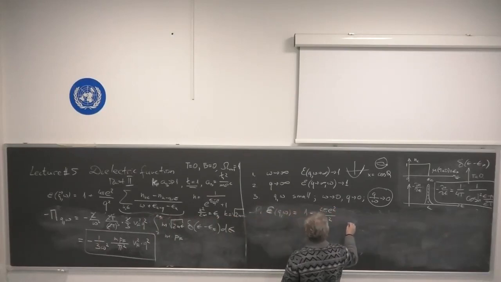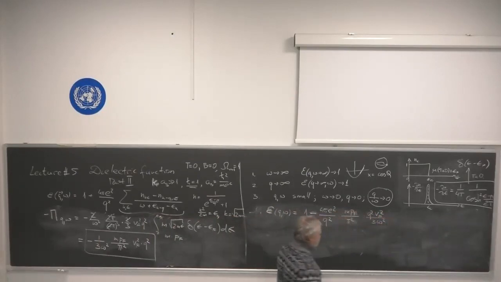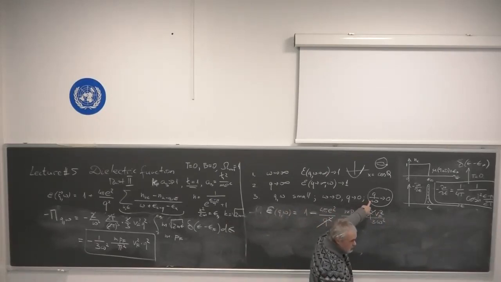I have m p_F over pi squared times q squared v_F squared over 3 omega squared. Good. And you see that q cancels out. So in this limit, the dielectric function doesn't depend on small q, because the singularity associated with the Coulomb interaction cancels out the small q expansion, and this is precisely the limit when q goes to 0 faster than omega.